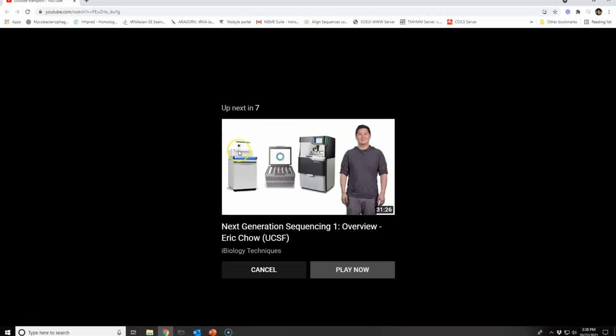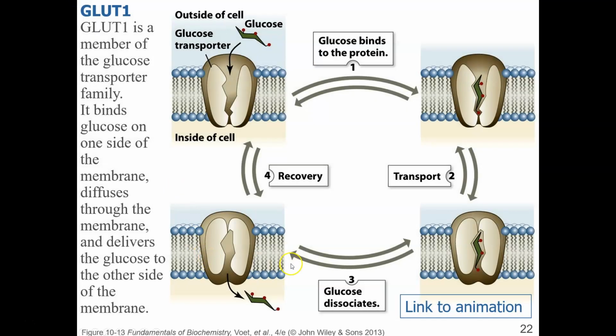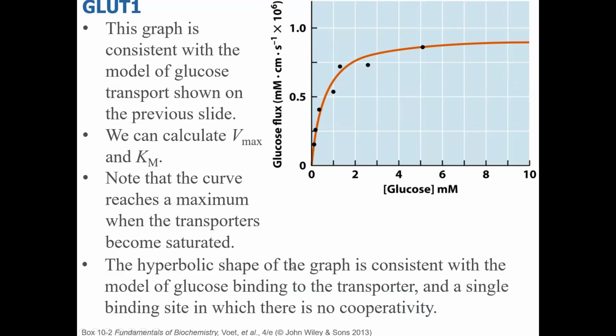All right, so let's get out of there and go back to our PowerPoint. What you can do is you can go into the lab and you can measure glucose transport, and you get this familiar hyperbolic curve.